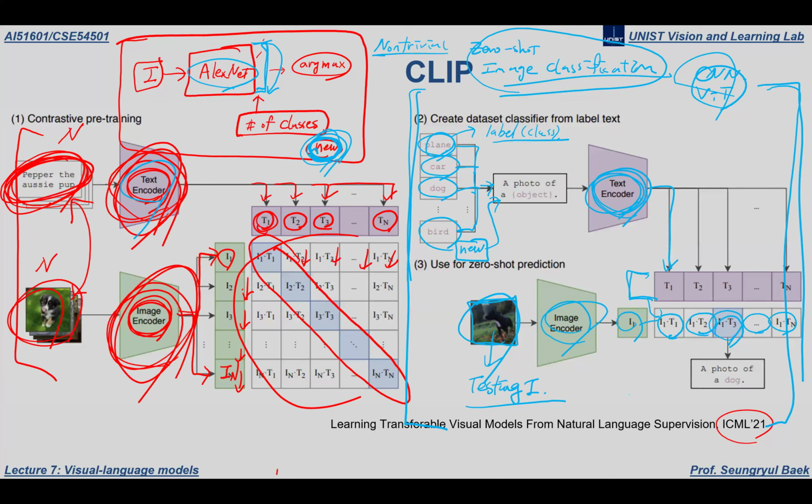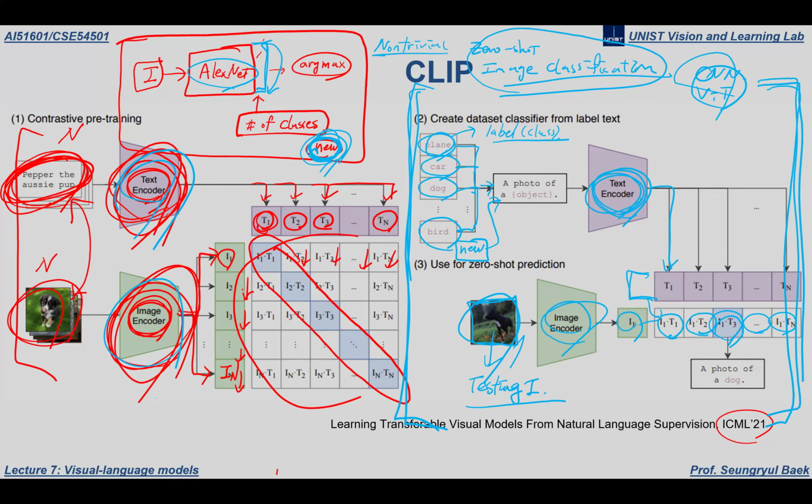And if that similarity is larger than the others, the image could be classified as that new class, okay? So this is a new way of doing image classification when we align the image features and text features. Okay, are you guys understanding this?